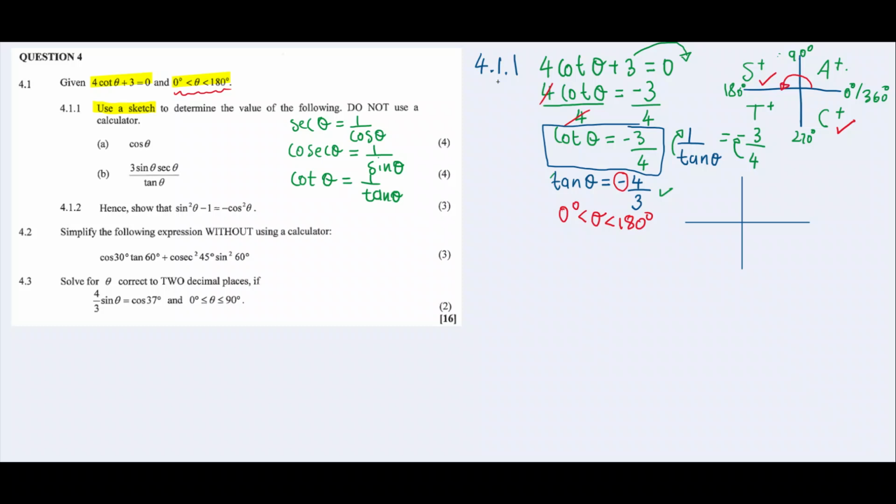And if you take a look at 0 degrees and 180 degrees is this here, means that the angle can possibly be drawn on the first quadrant or on the second quadrant. So which quadrant has got most ticks? It's the second quadrant, right? So that's where the triangle can be drawn.